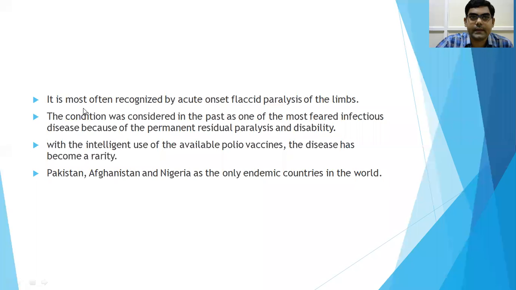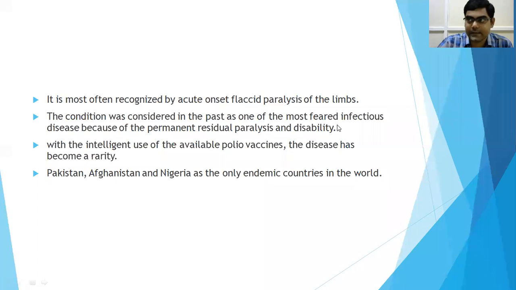So you see, it is most often caused by acute onset flaccid paralysis of the lower limbs. Acute onset flaccid paralysis of limb means lower motor neuron. This condition was considered in the past as one of the most feared infectious diseases because of the permanent residual paralysis and disability.